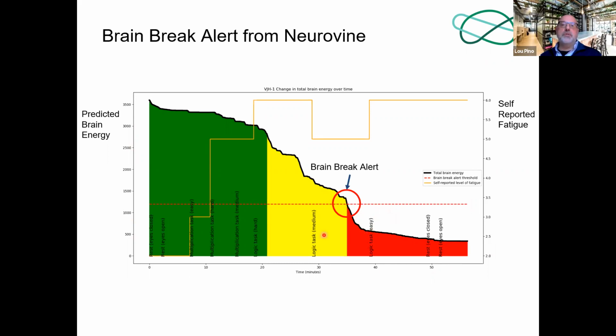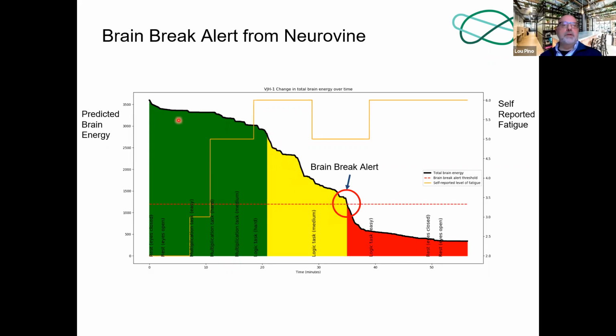The tasks that the user is doing are shown in the text along here. We can see here that the user was doing a task that required a lot of mental effort because of how rapidly the brain energy declines at this point. They were putting a lot of effort into thinking. It also happened here and here.